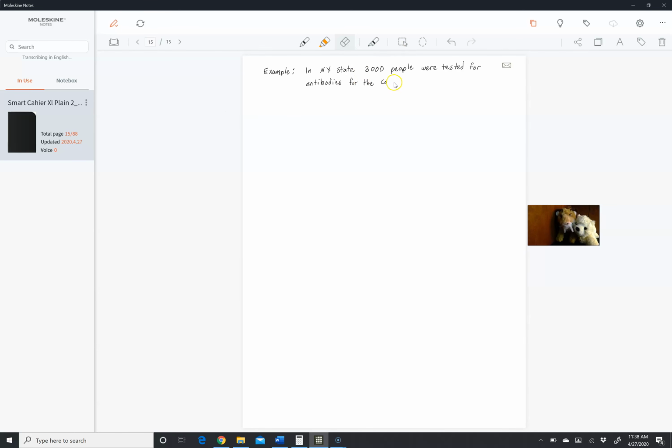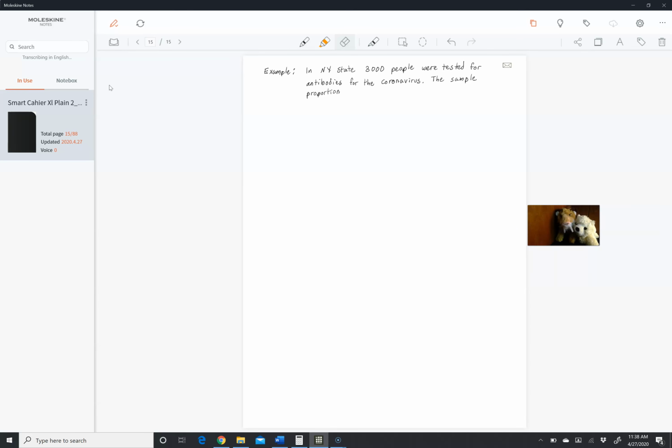And what we want to do is the same thing that we did before. We're going to construct a 95% confidence interval for the population proportion. The sample proportion was given to us. They said 13.9% tested positive.